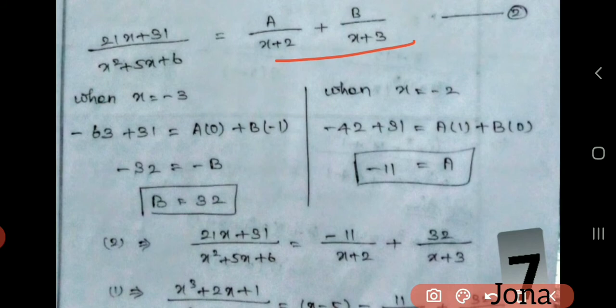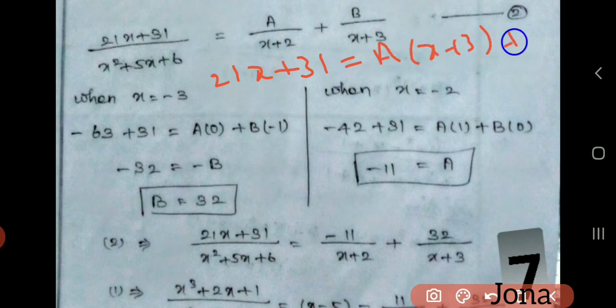Let me take the LCM for this and equate the numerators there, so that we have the left hand side as it is, 21x plus 31 equal to, cross multiplying, A into x plus 3 plus B into x plus 2.